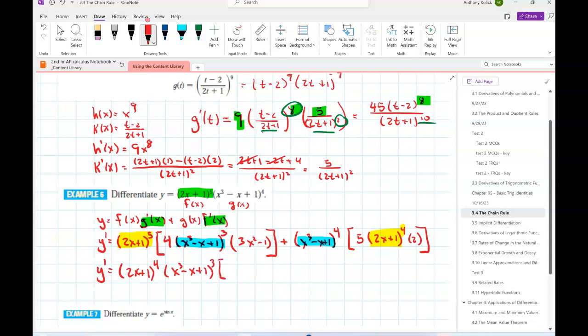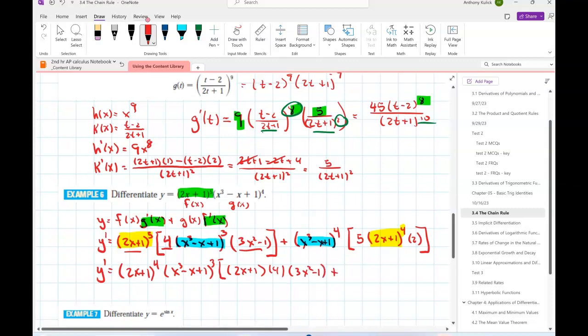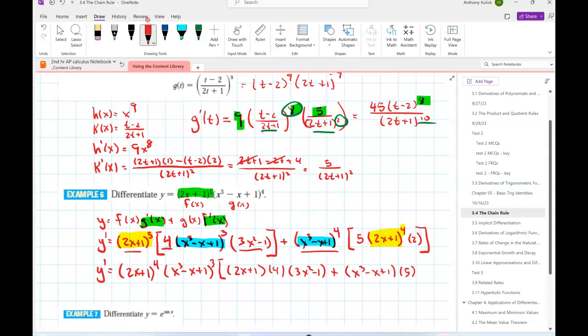And then what's going to be left? Well, I have one of these, and then I have the 4, and then I have this. Plus, I got one of those. I have the 5 and the 2.